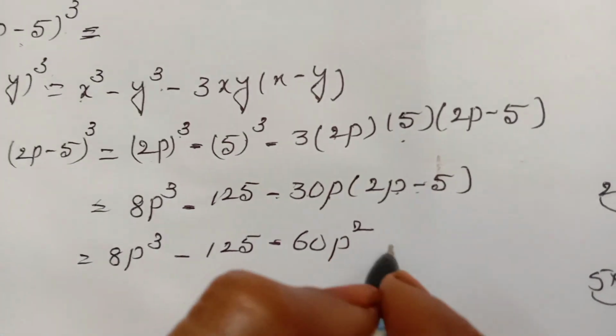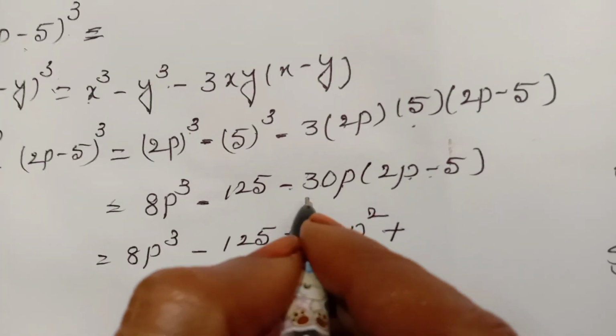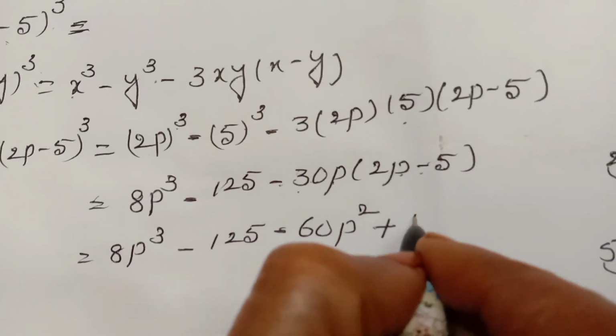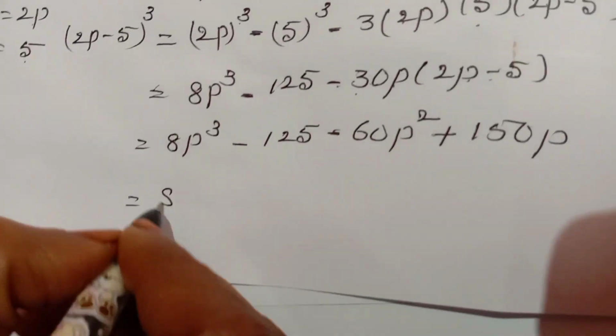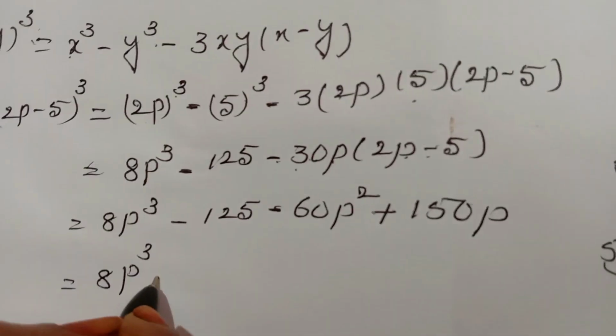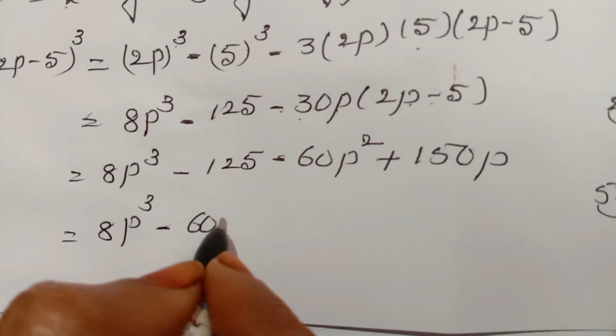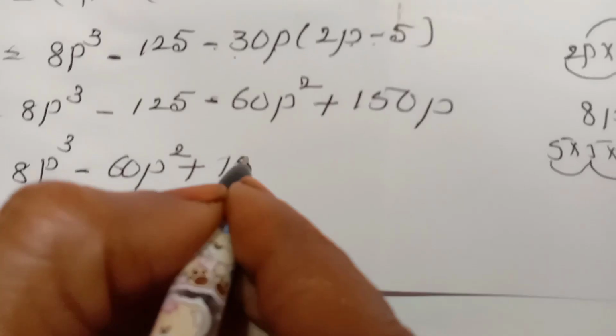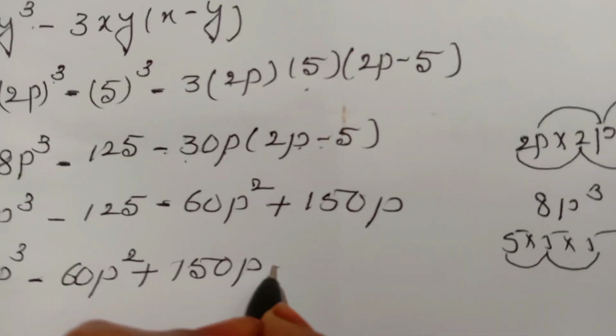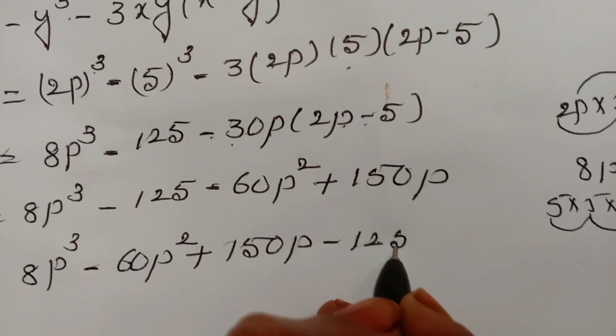Minus into minus, plus 30 into 5, 150p. That is equal to 8p cube minus 60p square plus 150p minus 125.